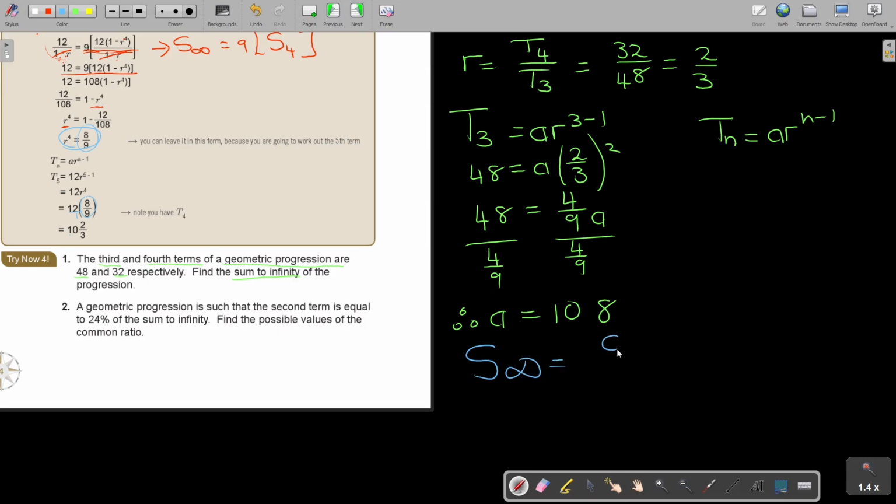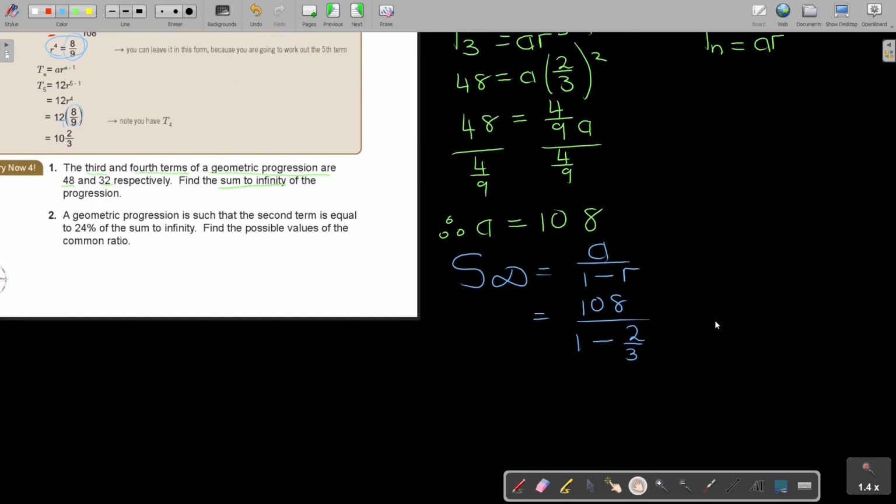Don't forget the formula, a over 1 minus r, not r minus 1. So it's 108 over 1 minus 2/3, which is 108 divided by 1/3, and that is 324. That will be the sum to infinity.